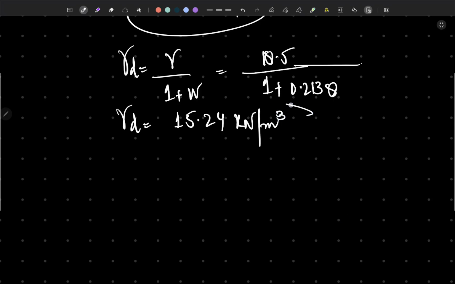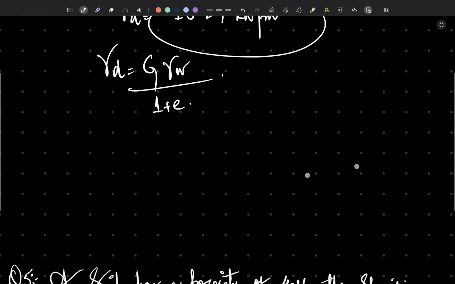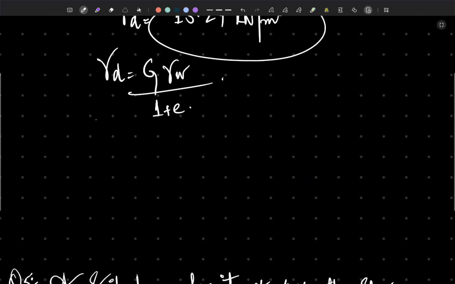Now, when we found the dry unit weight, by expressions relating specific gravity and the unit weight of water, we'll go on finding the void ratio, because the expression is dry unit weight is G rho W divided by 1 plus e. So this is the expression, and let's find out the void ratio. e is equal to G rho W divided by dry unit weight, minus 1.